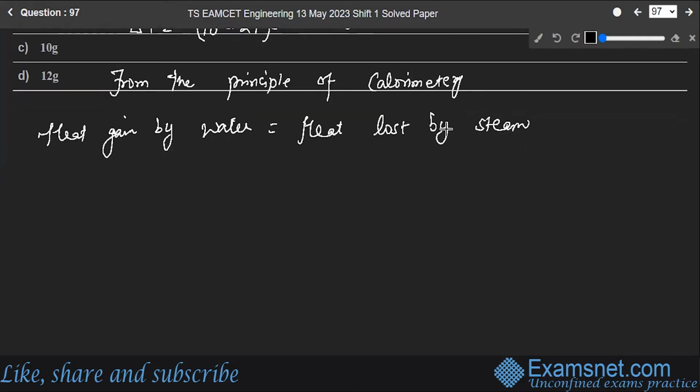So this means MW into S into delta T, or this is equal to M steam into 540.